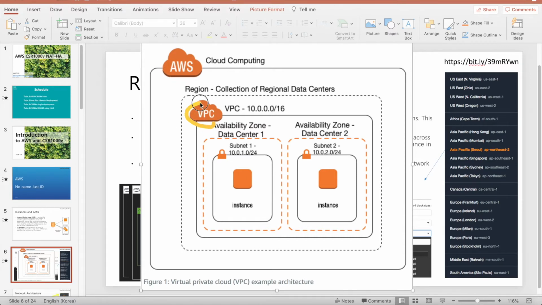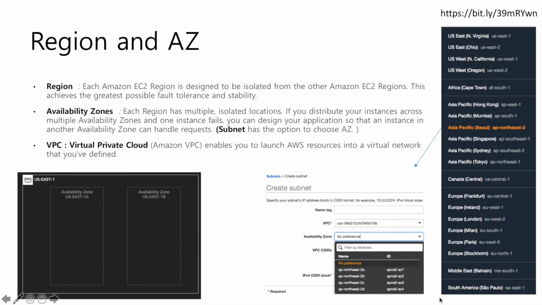Each VPC is each tenant or each VRF, and each VPC has AZs, but a subnet belongs to an AZ. So you can have multiple AZs and multiple subnets. But if you want to know more about that, please go to the AWS website and see the documentation.